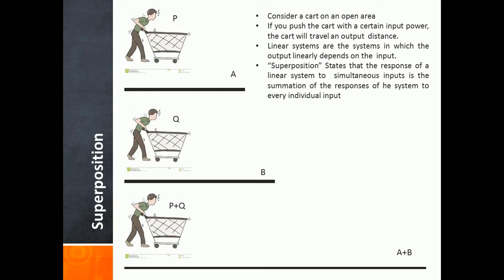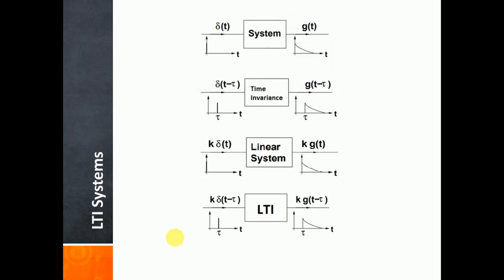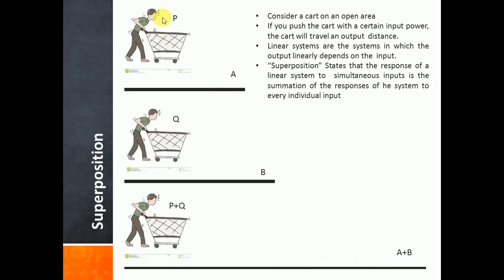Superposition says that if you have a cart and you're pushing the cart with a force P, then the distance the cart covers is A. By the same token, if you push the cart with a force Q, the distance that it will travel is B. Now if you push the same system with a force P plus Q, then the distance the cart will move will be the sum, A plus B. That's a fundamental property of linear systems, and this is called superposition, that the sum of the inputs will lead to a sum in the outputs.